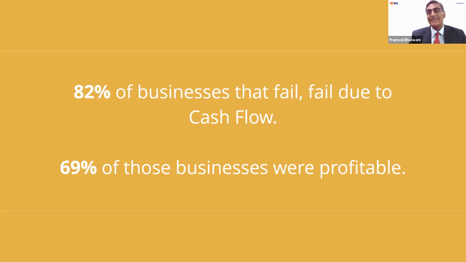You can see there are 7 reasons, but 82% fail because of the first. But the more interesting fact is that 69% of those businesses which fold due to cash flow problems were actually profitable. So these are profitable businesses that fail because they have not managed their cash flow very well.